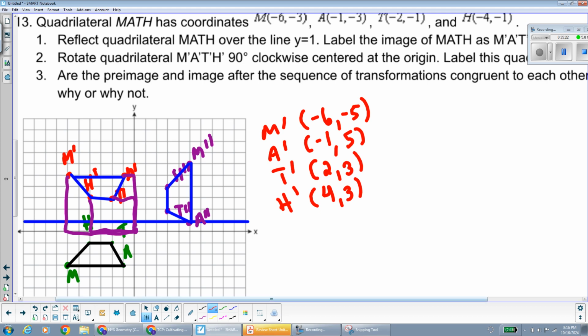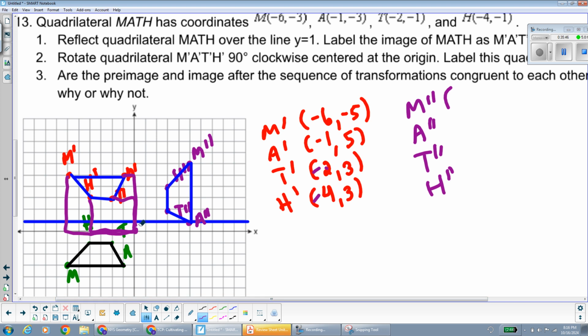And then finally, after we rotated the reflected trapezoid, the reflected quadrilateral, for M double prime, we have... I'm losing my mind here, guys.